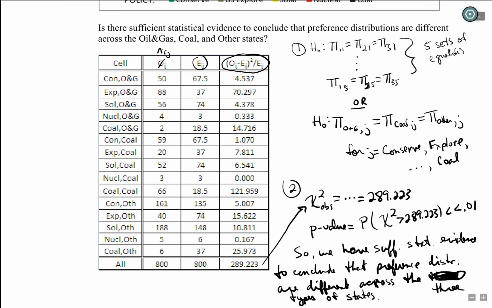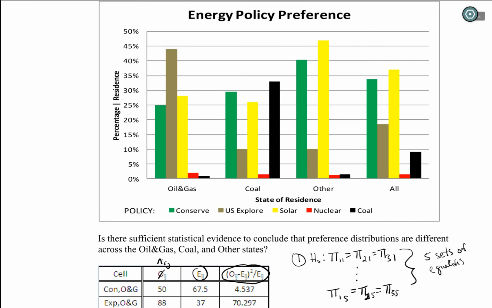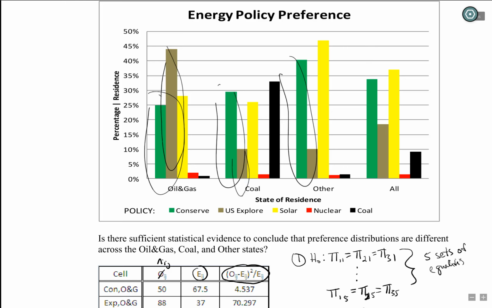And when you look at the sample data, that's not too surprising. You know, the greens are somewhat close across the 3 states, but there's a big difference in the browns there, and then clearly the coal states have a preference for coal policy.